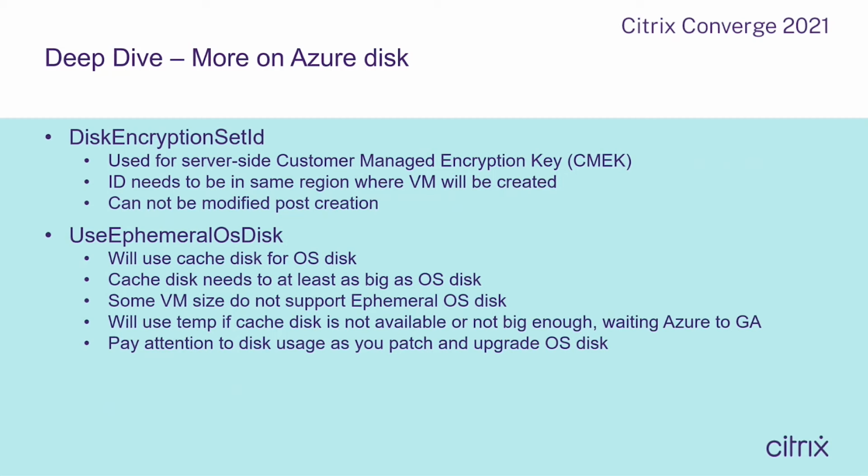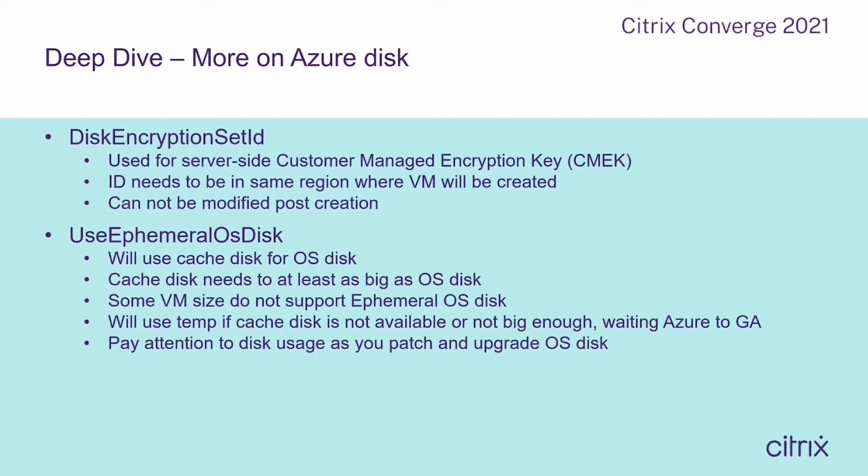So it will definitely speed up the hydration and the VM boot up because it does not need to go through the additional hop in the network storage side, as if you had your own managed OS disk, right? It will go directly reading the published master disk.